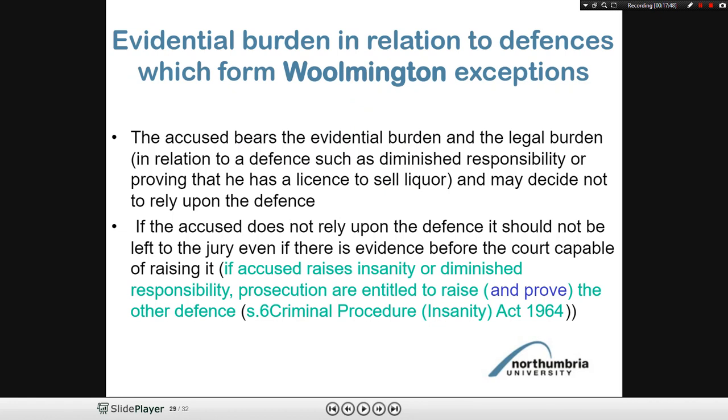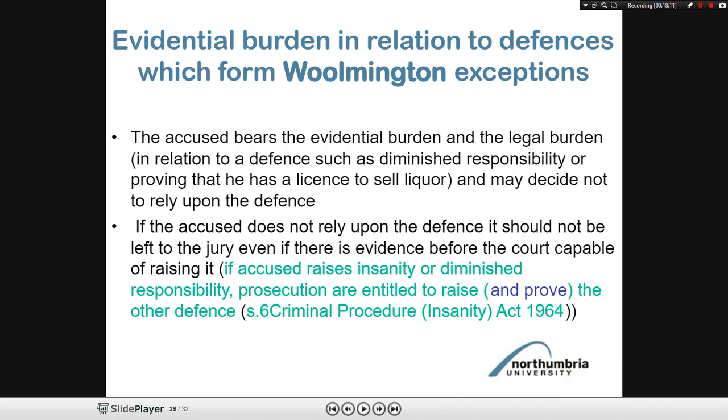So the accused bears the evidential burden and the legal burden in relation to defenses such as diminished responsibility. Proving that he has a license to sell liquor, he may decide not to rely upon the defense.